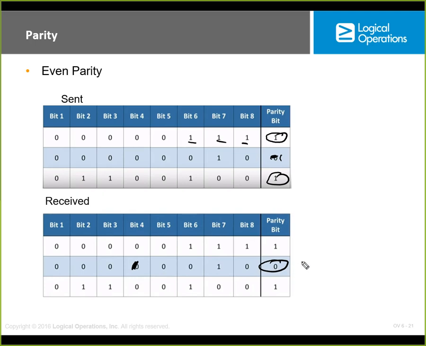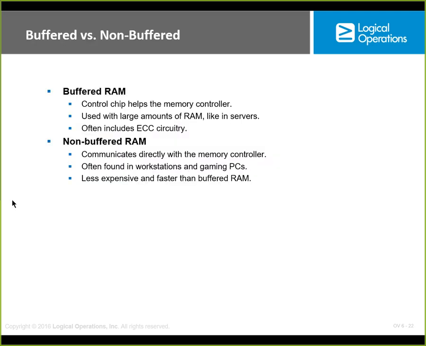It gives some reliability, but it's not 100%. And on any of these others, if we had an error that did this, then we would still be correct, but we would have errors in the data. So parity gives some error checking, but not fantastic error checking, I guess would be the statement there.